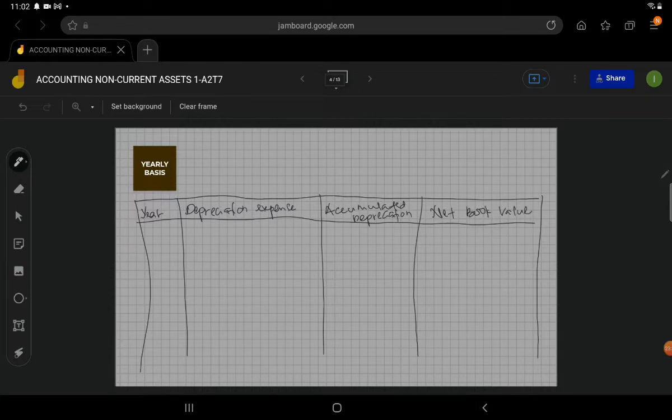Okay. And then sangat penting dekat sini kita kena tahu concept of depreciation, ya. Kena tahu beza between depreciation expense and accumulated depreciation. Okay. Right.